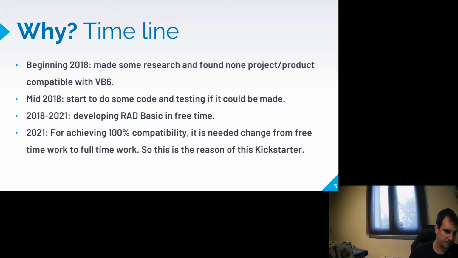In fact, something like LibreOffice or OpenOffice, working with Microsoft Office documents, but obviously with better compatibility. I didn't find anything suitable, and in mid 2018 I started to write some code and test if it could be done by me.